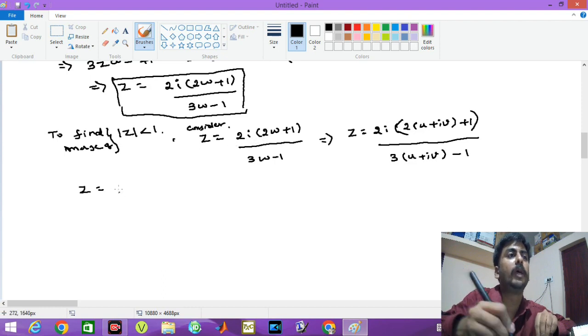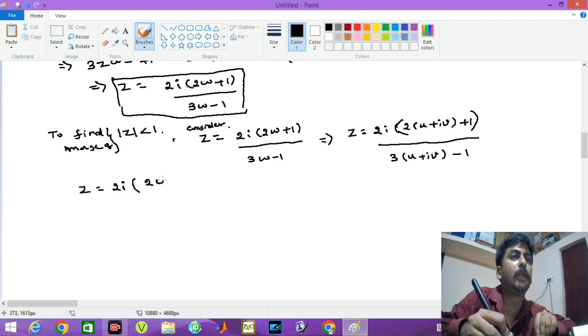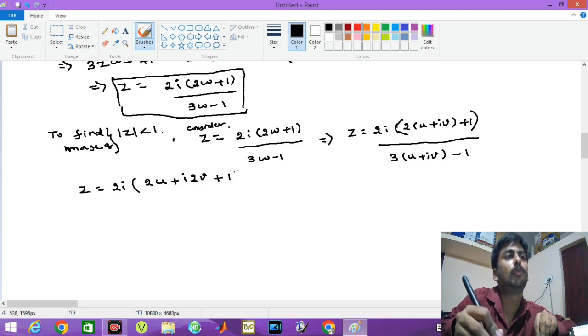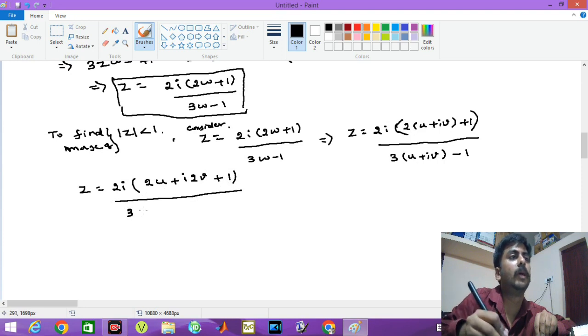If we get any confusion, we shall do it step by step. First we shall write 2i outside and multiply 2u plus i into 2v plus 1, divided by u plus iv minus 1, which we shall multiply afterwards.